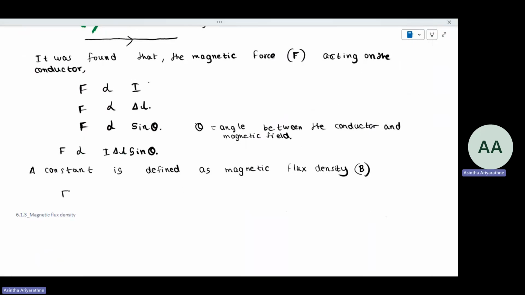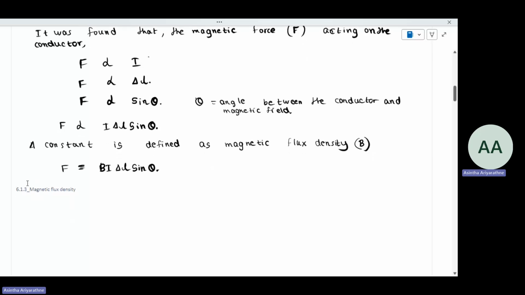So now we have F is equal to B. After substituting the constant, we can put the equal sign. F is equal to B I delta L sine theta.